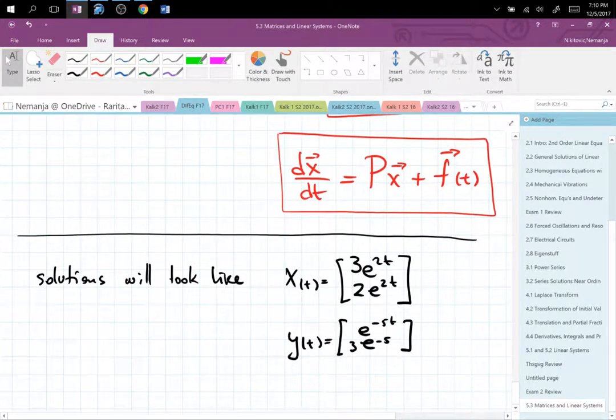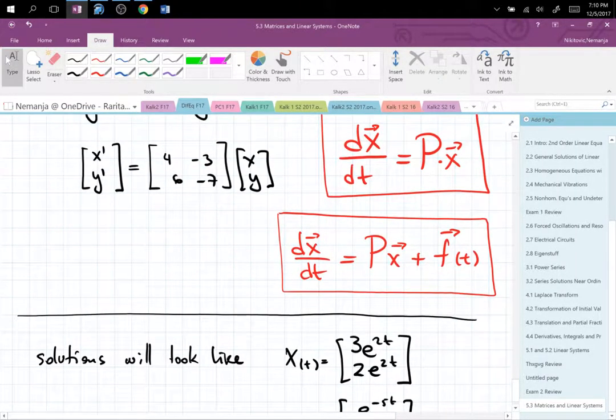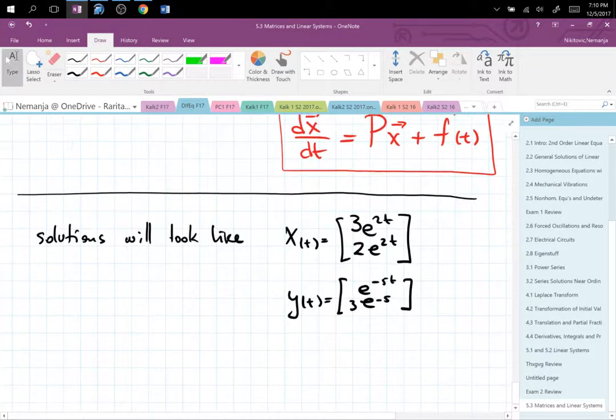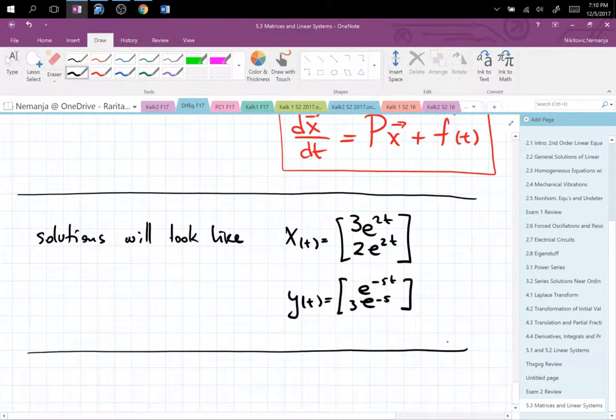So this is how the solution looks like, and you can actually plug this in to prove that these are the solutions. You will simply put x where it belongs, and then the derivatives where they belong. When you do matrix multiplication, everything is going to work just fine. That's what the solutions look like.